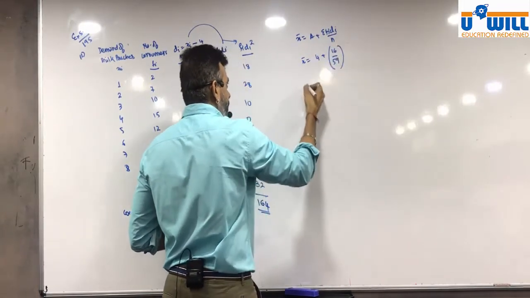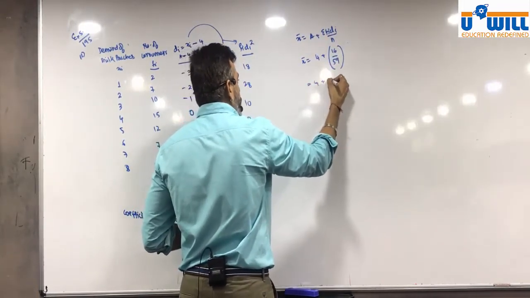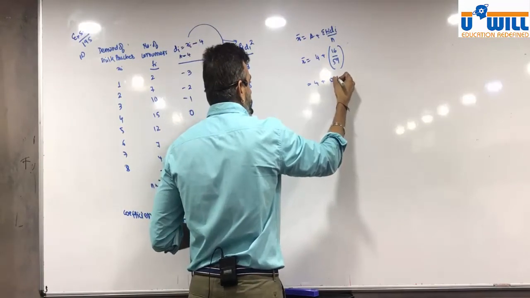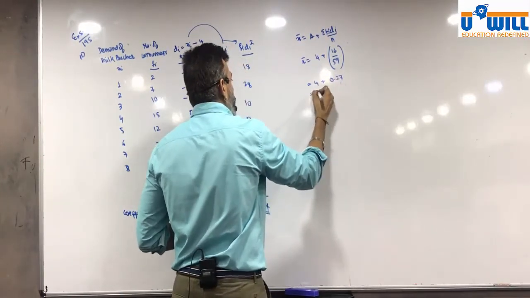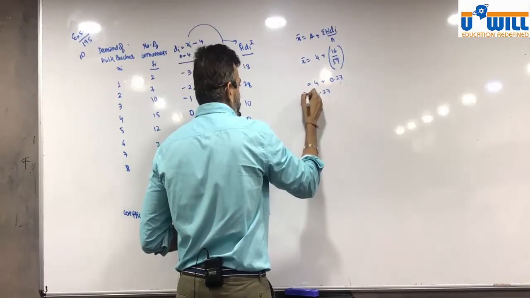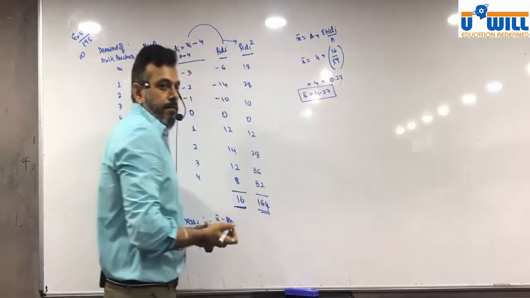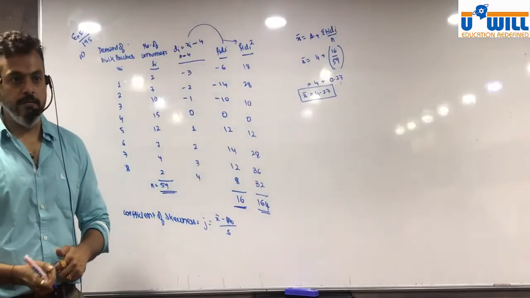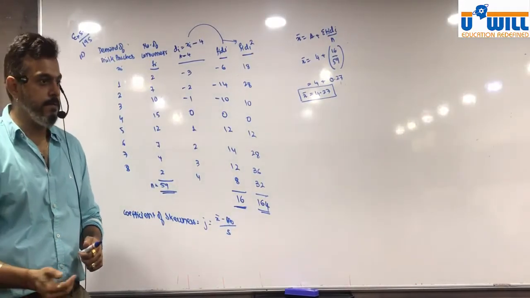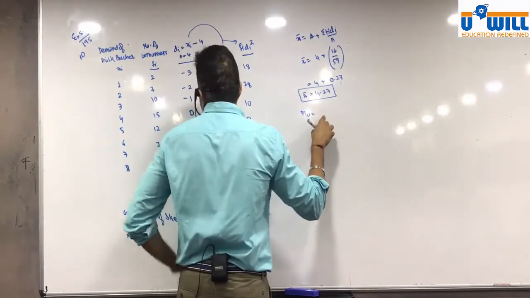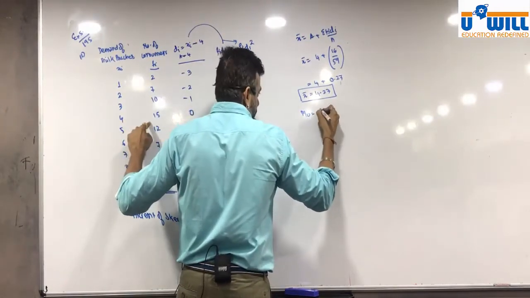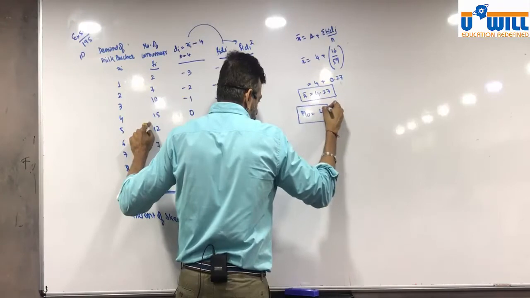Always write this in brackets. 0.27, so 4.27, which is the mean. See, the mean came as a fraction, so the direct method would have been of no use. Then mode is the variable with the highest frequency, so mode is equal to 4.